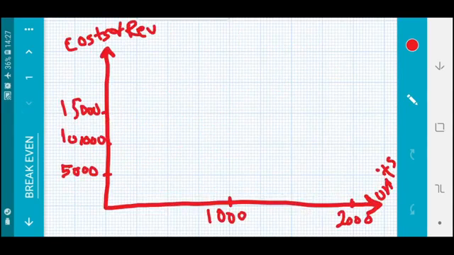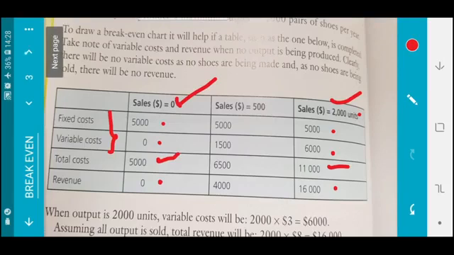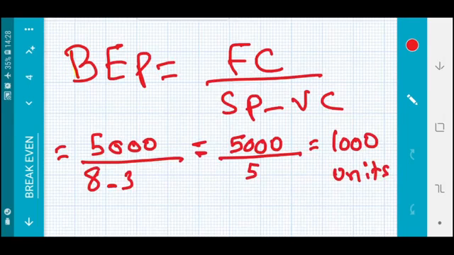I'll give you a hint to use in the exam. And this hint is simple because every time you see a break-even chart question, immediately, even if they didn't ask, just use this rule, which is the break-even point or contribution method rule.